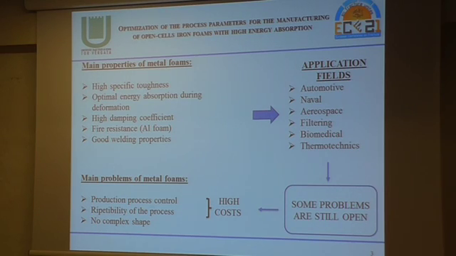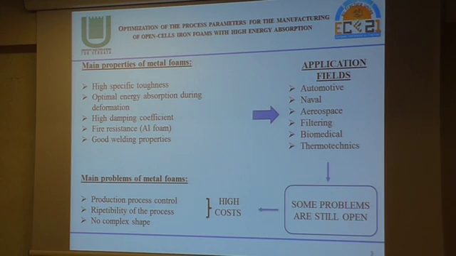Some problems are still open in foam manufacturing. First of all, the production process control and the repeatability of the process. Dealing with an unstable phase of molten metal, the porosity control must be enhanced in order to control the porosity dimension, shape and size.